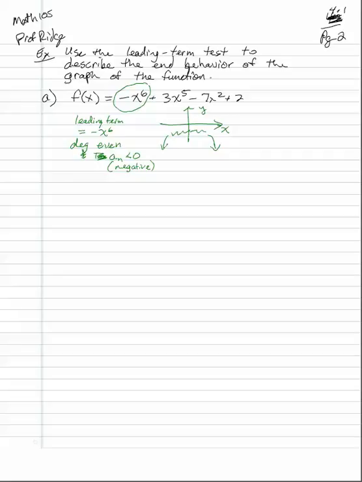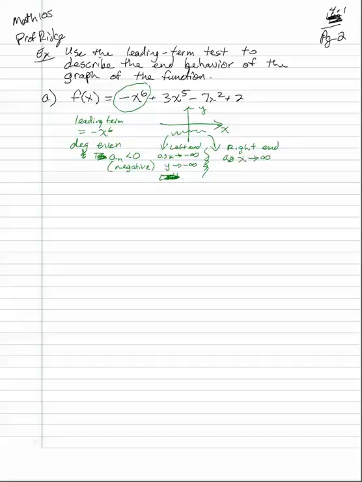So the end behavior: as x goes to negative infinity, the y value is going to negative infinity. This is the left end of the graph, right? And then the right end: as x goes to infinity, that's going to the right.